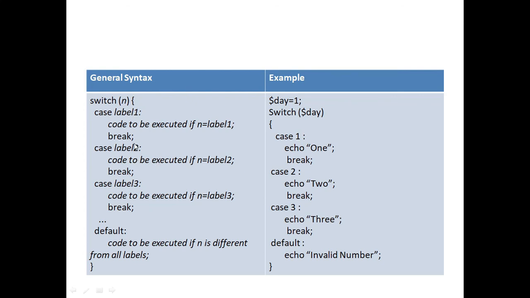After executing, use the break statement. The example explaining the switch statement: here I have defined $day equal to 1, and in the switch statement I will check the value of day. That is, if $day is equal to 1, it will echo 1. If it is equal to 2, it will echo 2. Here the day value is 1, so it will echo 1.